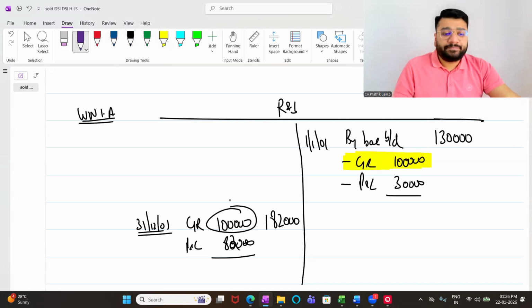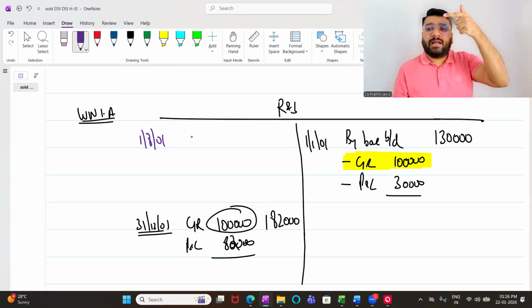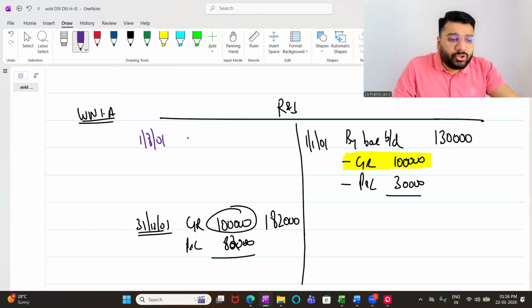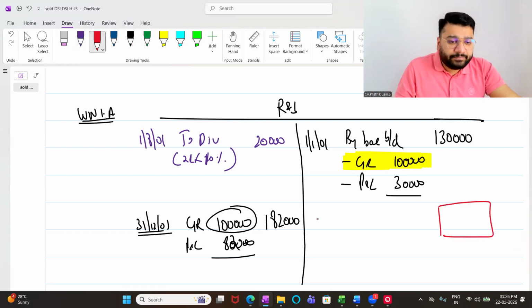Very, very important. Now tell me people, when is the dividend declared? 1801. Correct? So what is the entry for dividend? P&L account debit to dividend. So to dividend, how much is it? 2 lakh into 20% or 10%? 10 percent. How much is it? 20,000. So can I say current year profit I'll get?